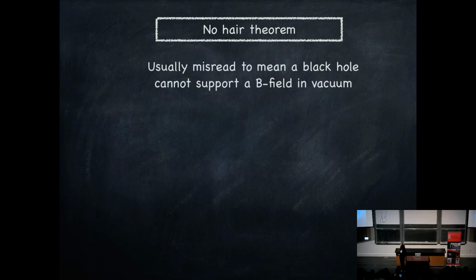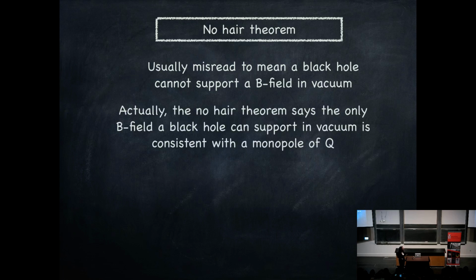The No-hair theorem says that the only magnetic field a black hole can support is consistent with a monopole of charge, because we know black holes can have charge, right? The 3 quantum numbers that a black hole can have are mass, spin, and charge. And if you like magnetic monopoles, you can add magnetic charge. But when I have a charged sphere, and that charged sphere spins, I actually create a magnetic field.